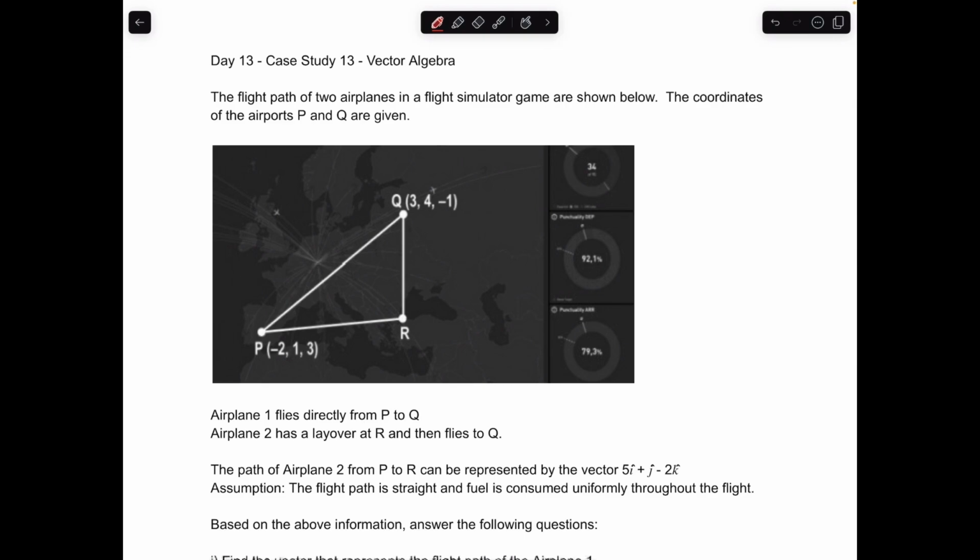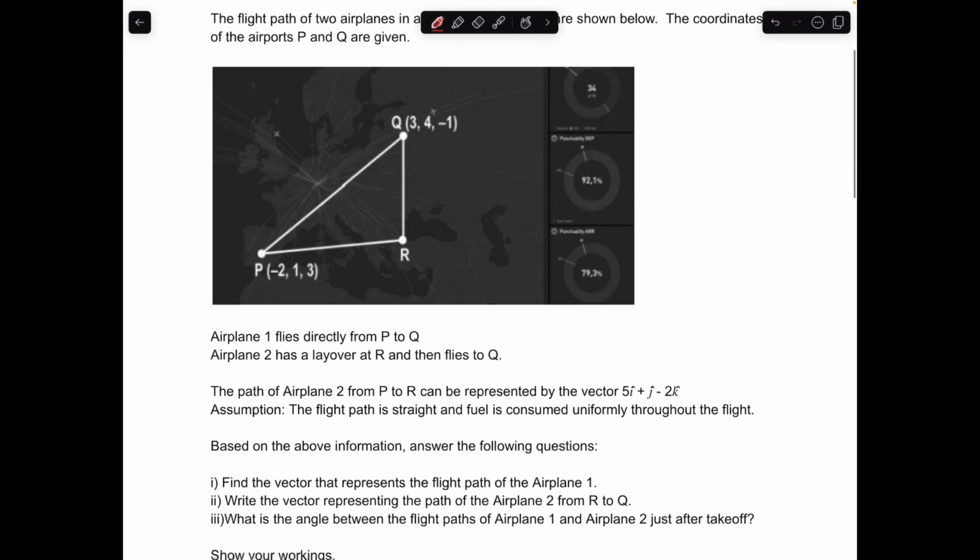Airplane 1 flies directly from P to Q. Airplane 2 has a layover at R and then flies to Q. The path of airplane 2 from P to R can be represented by the vector 5i + j - 2k. Assumption: the flight path is straight and the fuel is consumed uniformly throughout the flight. Based on the above information, answer the following questions.